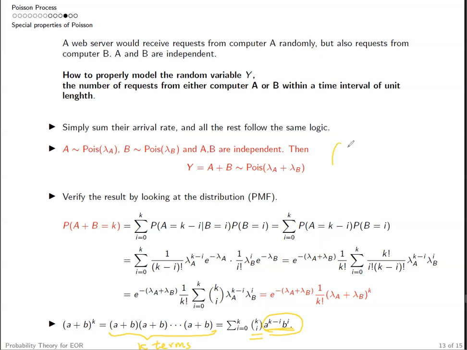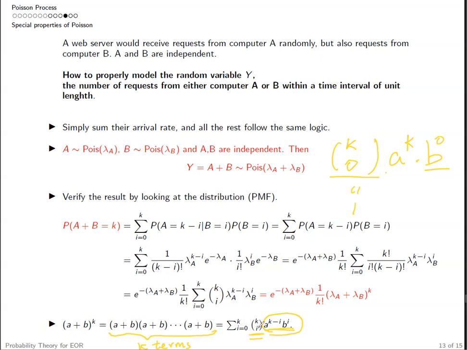For example, if we consider how many terms we have of this format, a to the power k times b to the power 0, that means we need to choose k a's from these k terms, which means we need to choose 0 b's from these k terms. So k choose 0, and here it is simply 1, right?